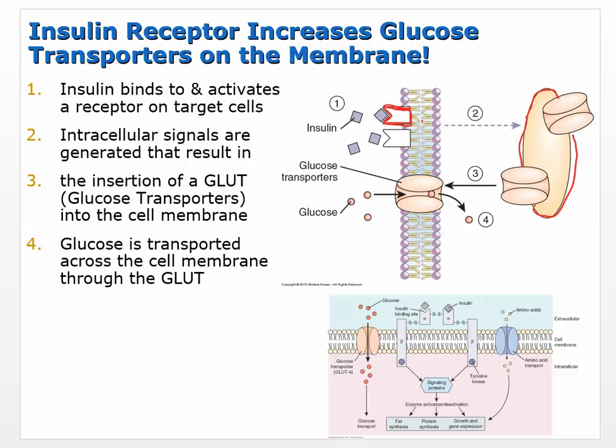But when insulin binds, it causes the second messenger system to say, hey, we need these out here. And so this little vesicle holding on to these will come over and fuse with the cell membrane, and it'll insert these glucose transporters right into the cell membrane. And once that happens, then the glucose can start moving in.